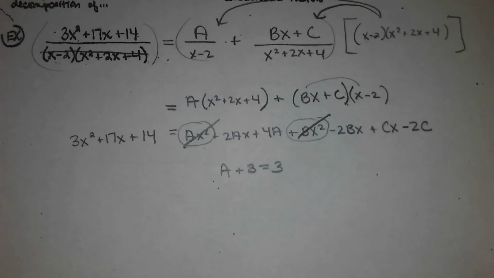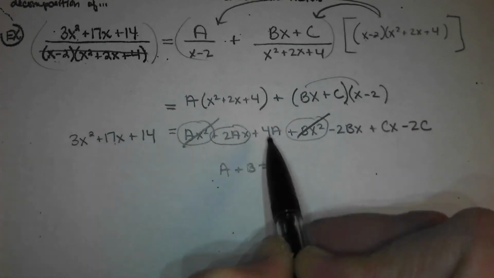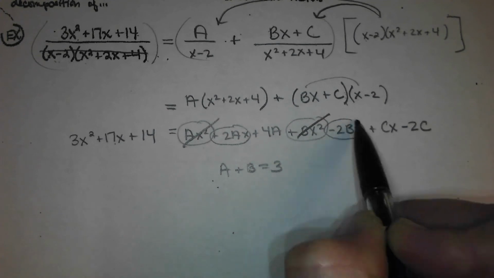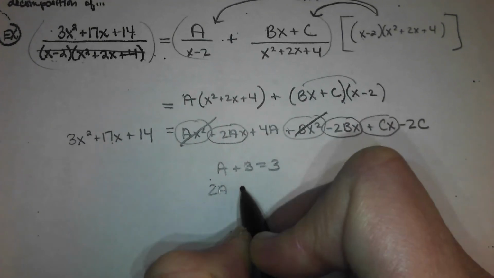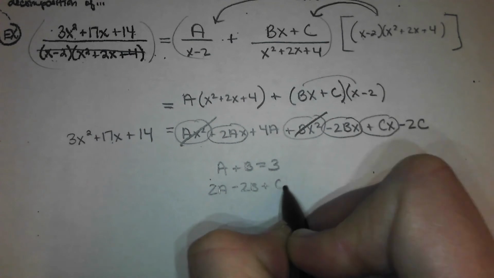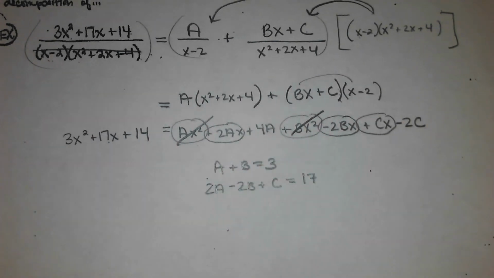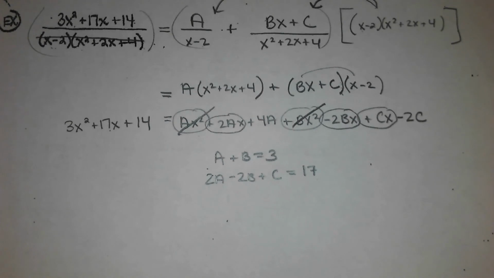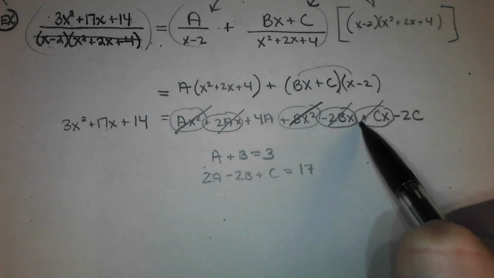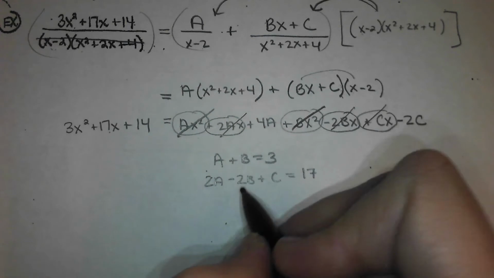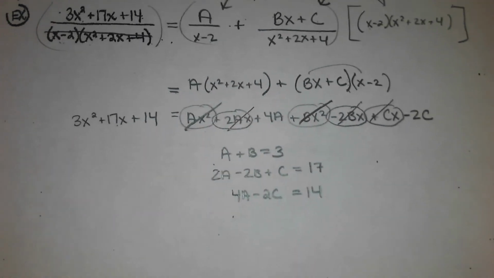That covers that. We need 17 x's. So there's a 2A minus 2B plus C. And then your constants of 4A minus 2C has to be 14.